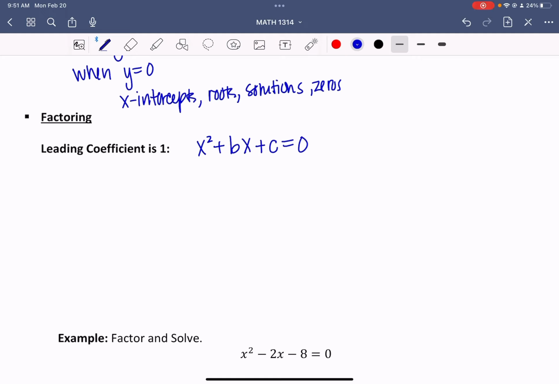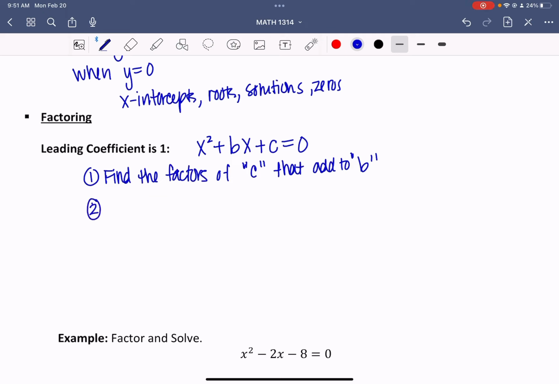In order to do this, step by step, first we are going to find the factors of c that add to b. And there's a whole process, but I just want to write out some simple steps.